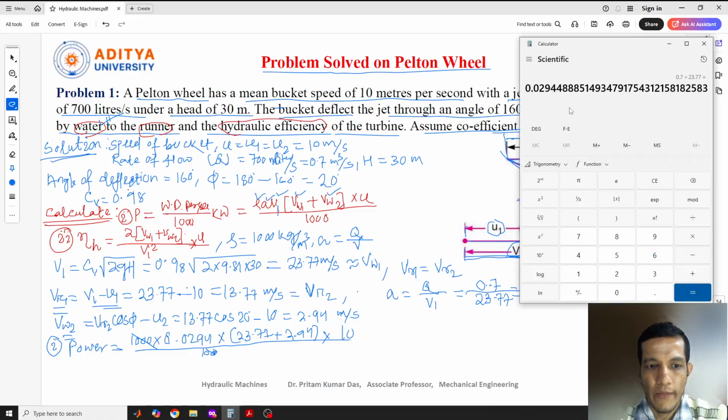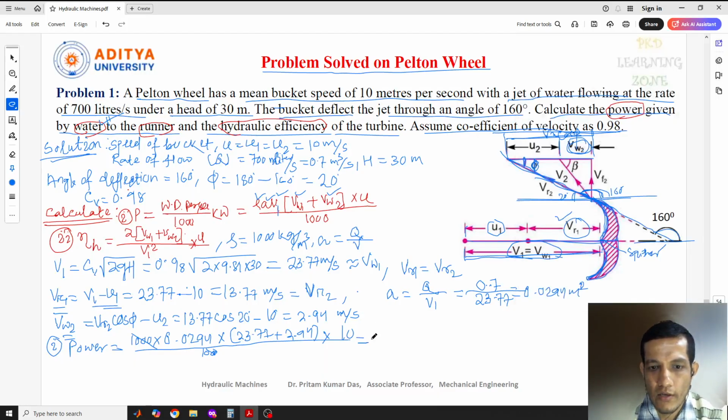So we got 7.86. Area 0.0294, and one more velocity V1 is there, which I missed, that is 23.77. Multiplying, we get 186.97 kilowatt. The 1000 cancels, and finally we got this power. This is the power given by the water to the runner.